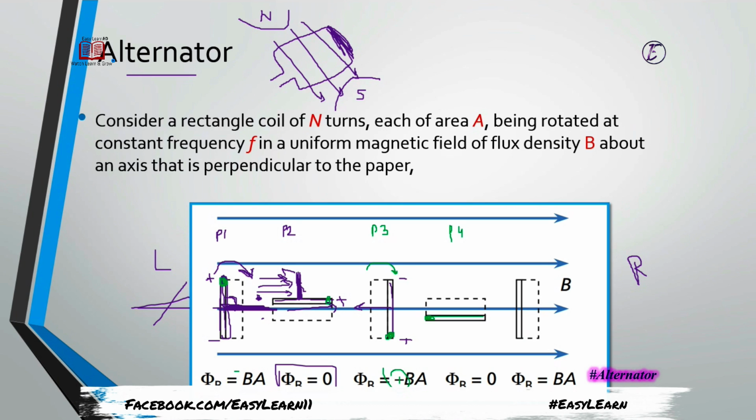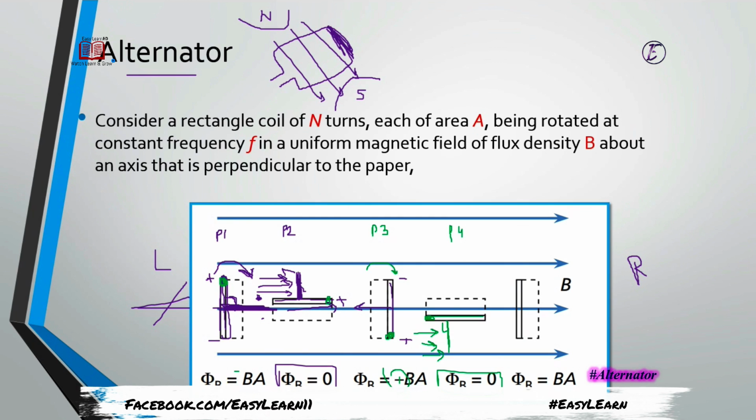At position 4, the normal is here, downside this time, and it again makes an angle of 90 degrees with the incoming magnetic field. It means that again cos 90 is equal to 0. When it multiplies with the other terms BA, it will become 0 too. So the magnetic flux here is 0. So negative 0 or 0 is the same thing.